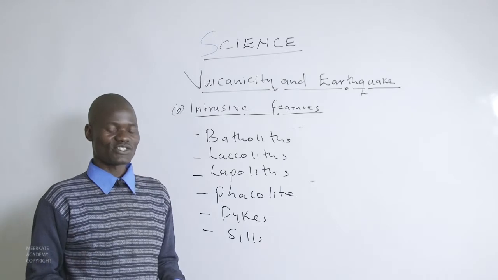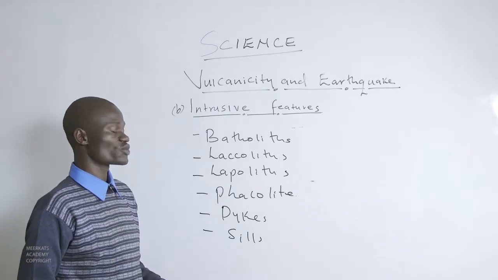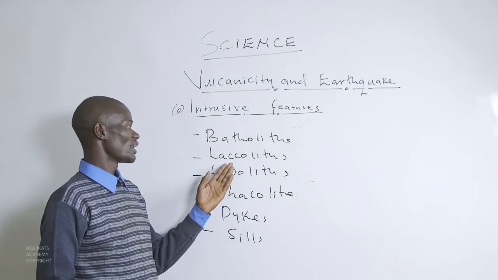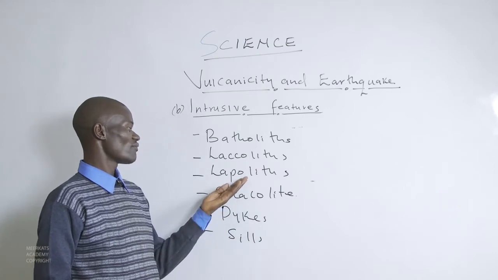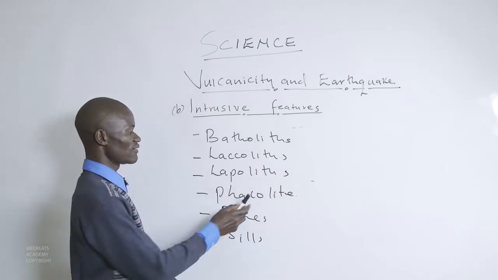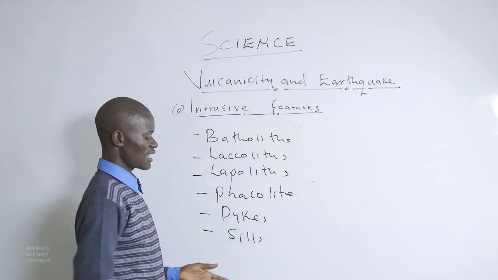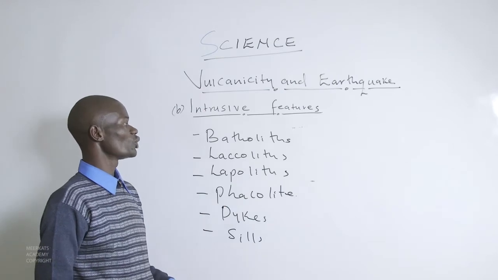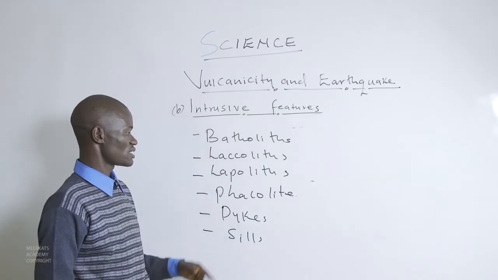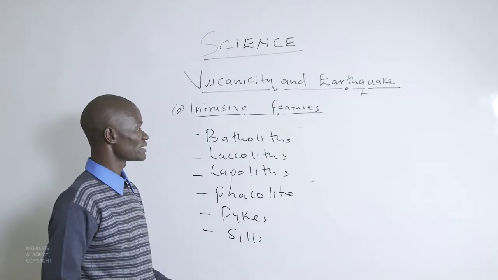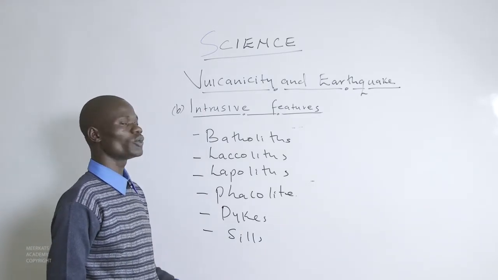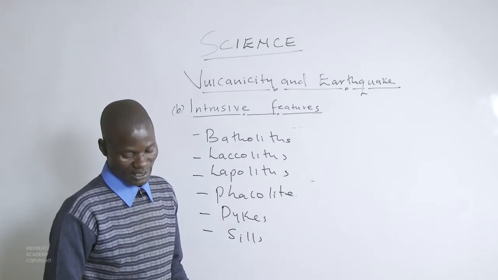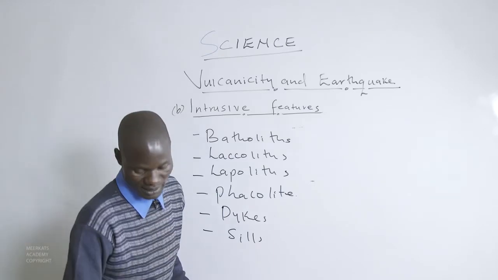We have various features that have been formed as a result of the intrusive landforms, and these features include the batholiths, the laccoliths, the lapoliths, the phacolites, the dikes and sills, among other features. We are going to look at various stages of these features and how they are formed. To some given extent, we shall be illustrating how they look so that we are able to comprehend and understand. Let's begin with the first one, that is the batholith.